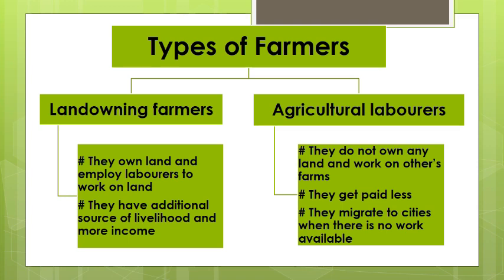They migrate to cities when there is no work available. No work available means when there is no crop related work available, so they migrate to cities. And that is the reason we see that a lot of people migrate to cities to get their livelihood from villages.